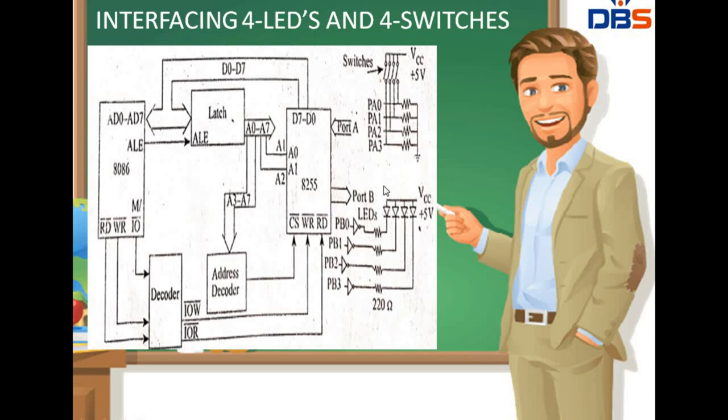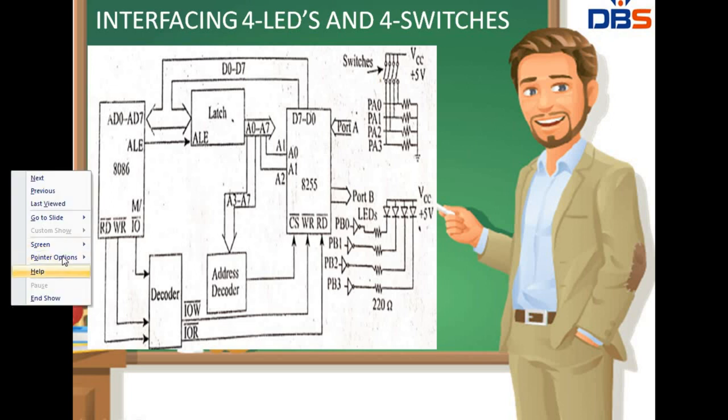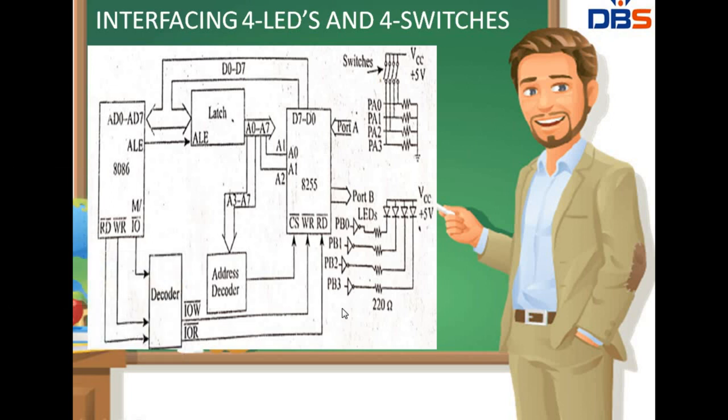Whenever we apply logic 1 here, after the inverter it becomes 0 here. Why? Because we have given an inverter, and from this it connects to the cathode of the diode, so that the diode will be in the on position.